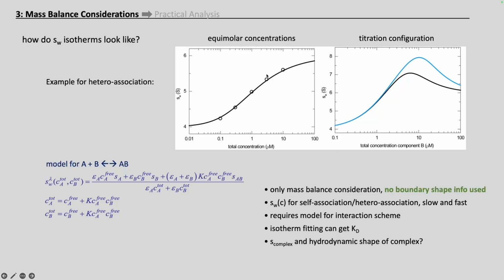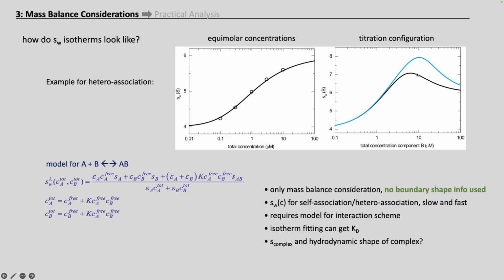The concentration series are usually carried out in some rational way, like a serial dilution of stock mixtures at some molar ratio, or a titration of a constant concentration of one reactant with increasing concentrations of the other. In that case, these curves are examples for how titration isotherms might differ for 1-to-1 and 2-to-1 interactions.